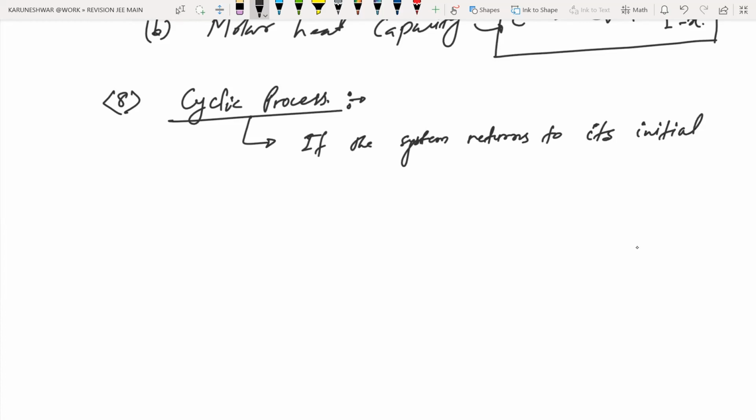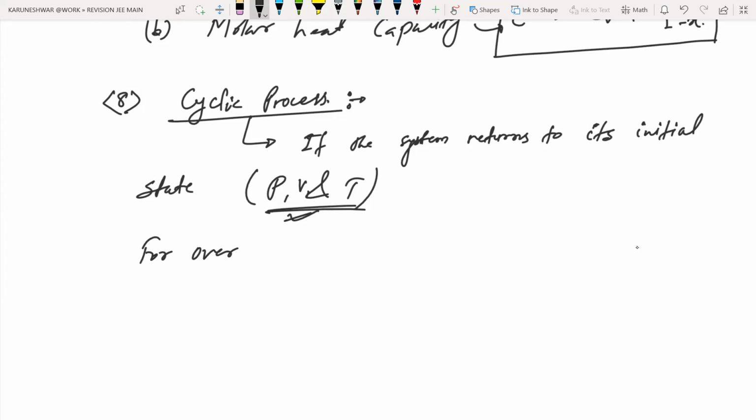If the system returns to its initial state, meaning the pressure, volume, and temperature are the same as they were initially, and the final state is the same as the initial one, then we say it is a cyclic process overall.